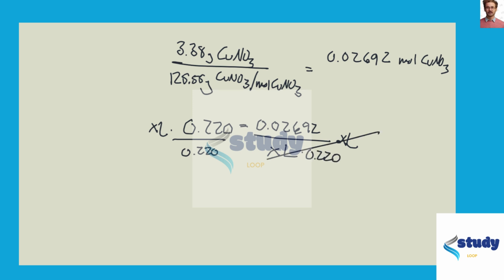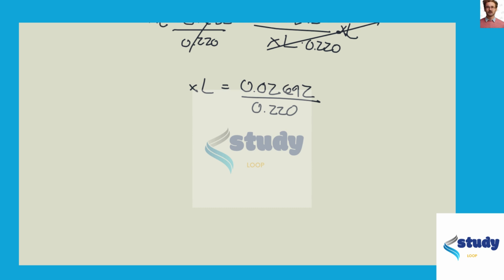Okay, liters will cancel here. 0.220 will cancel there. We'll get X liters equals 0.02692 divided by 0.220. How many liters have we got? 0.1224 liters, right?